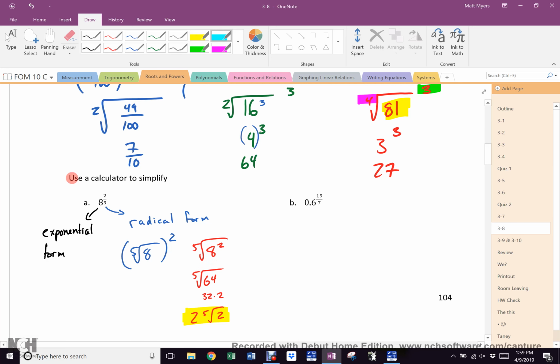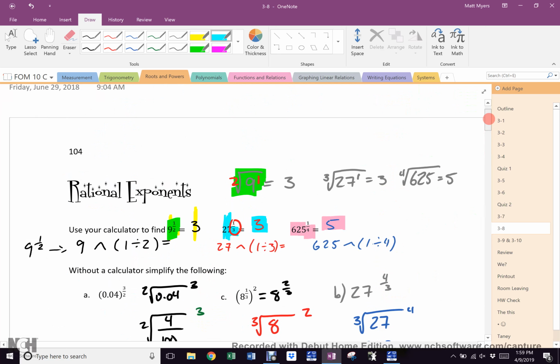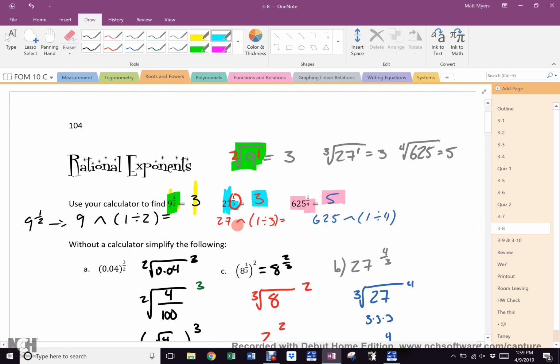So that is why I have this instruction here. If you're not going to get a 5th root, and you're in a position where you need an actual number, like physics class or something like that, you got to know how to do this. And you already know how to do this, because that's what we did up here to show you how all this works.